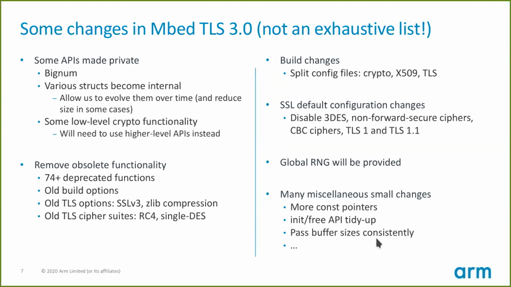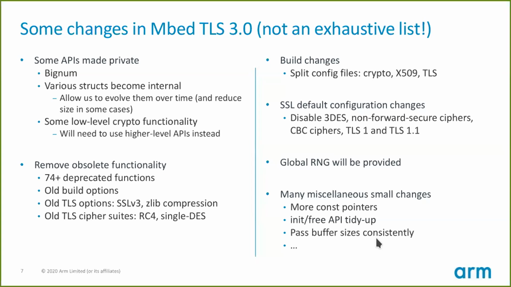Some examples that can be categorized: over the years, we've realized that some functions took arguments that they don't modify, but for whatever reason, they don't take a const pointer. So we're going to make arguments that should be const, const. We're also looking at tidying up the way init and free works.